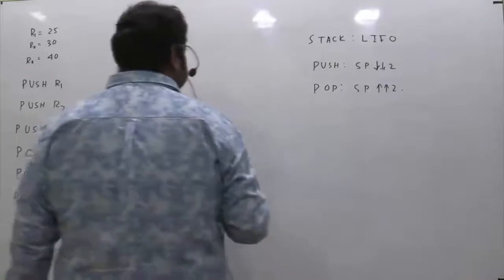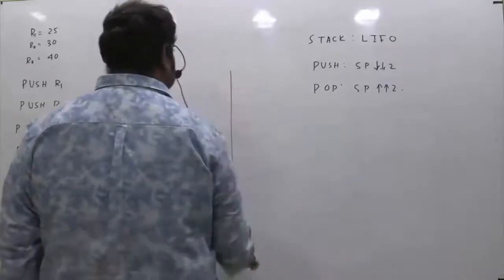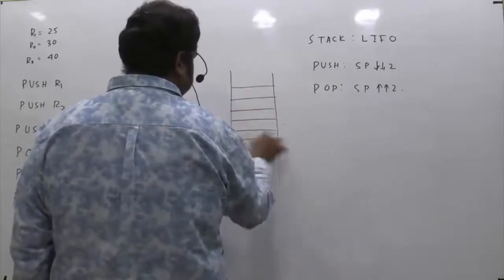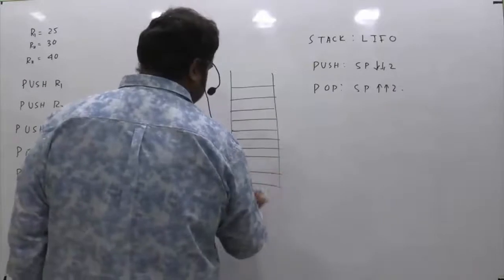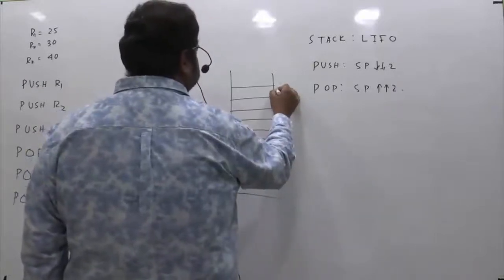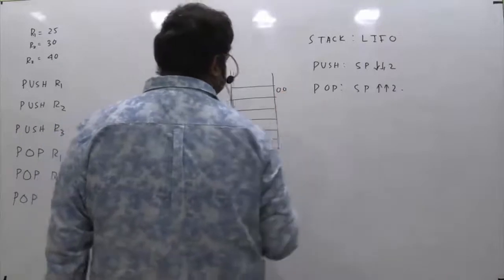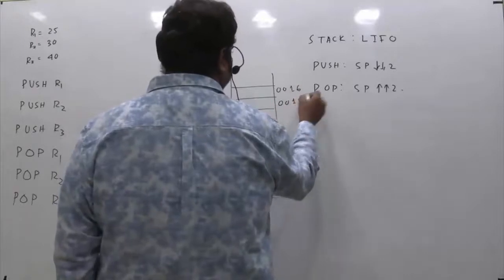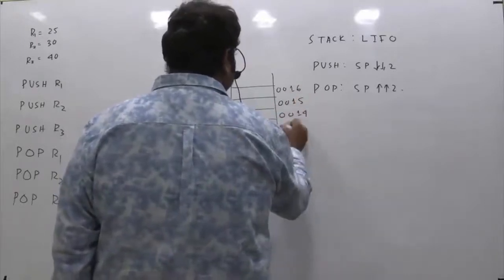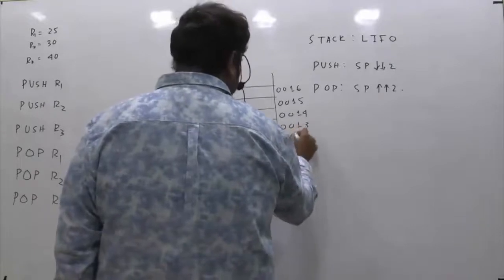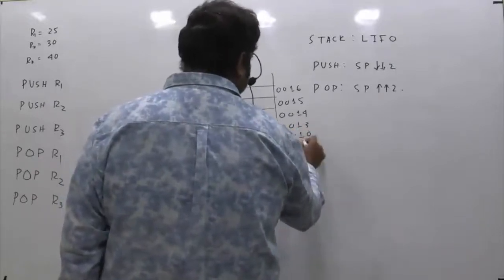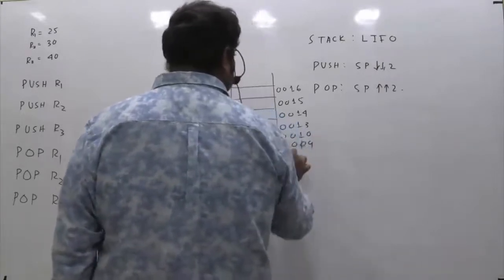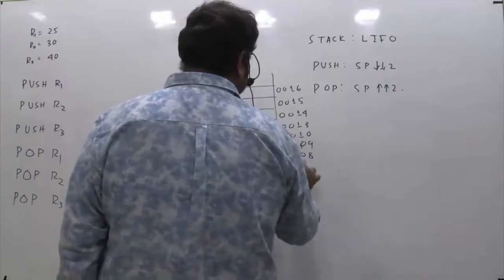Now for understanding purposes, I am taking a stack memory. Let's say these addresses are 0016, 0015, 0014, 0013, 0010, 0009, 0008, 0007 and so on.